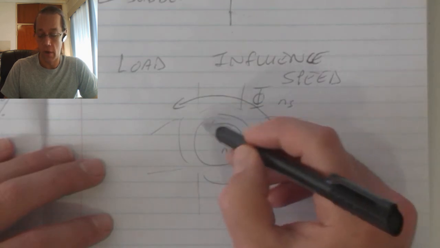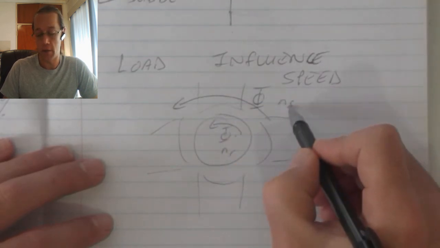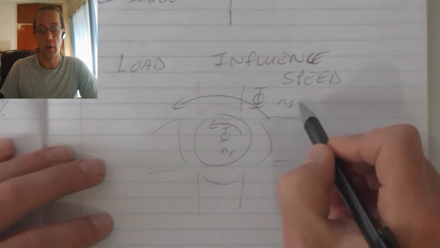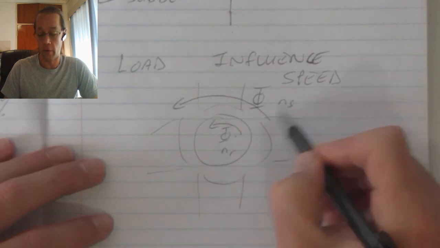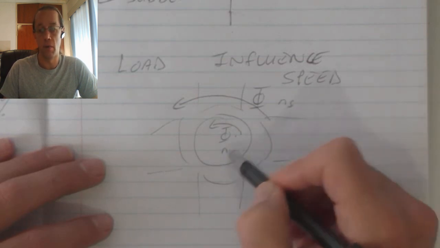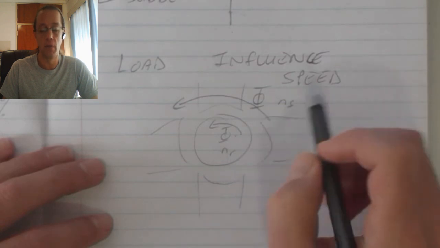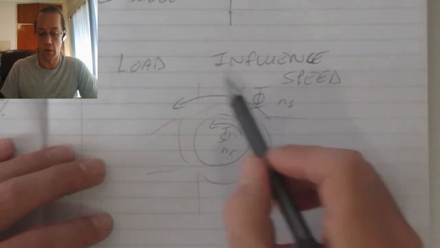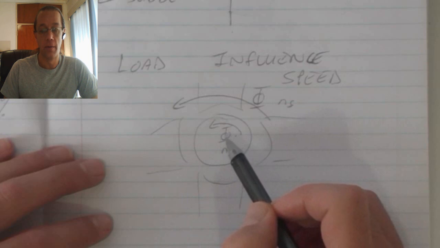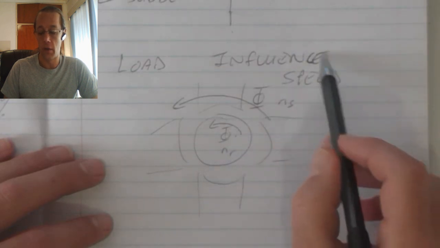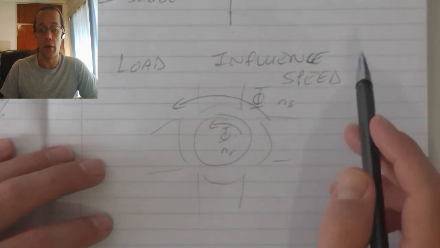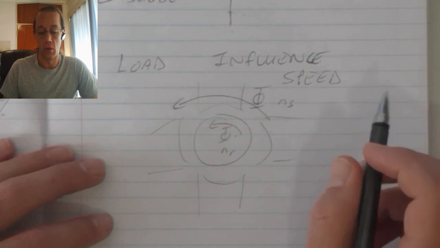In other words, the rotor speed wants to be as close as possible to the synchronous speed, but the greater the slip is, the more the torque will be. So greater load will decrease the speed, but it will increase the torque of the motor.